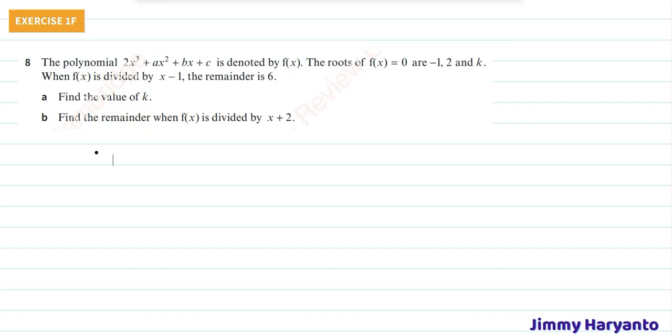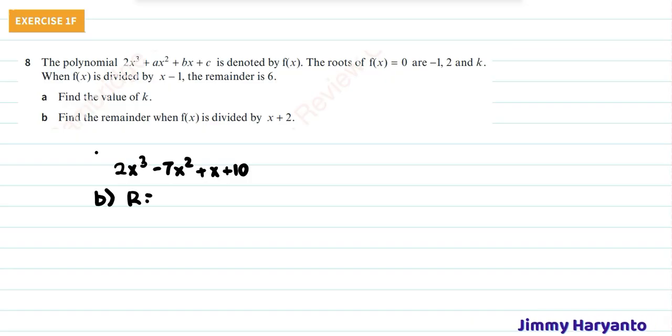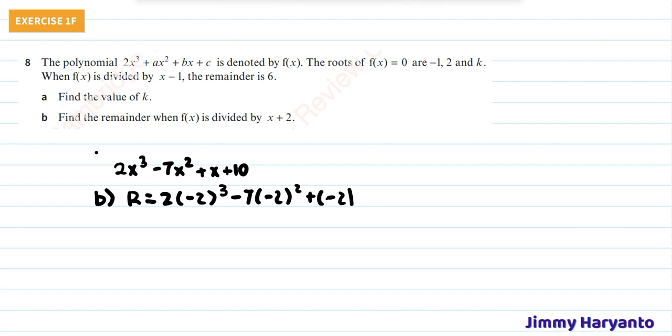So I already copied the polynomial. Okay, this is our polynomial, and the question wants you to find the remainder. So remainder equals, just input the value of x from this one. You will have x equals negative 2. That means negative 2 to the power of 3 minus 7 times negative 2 squared plus negative 2 and then plus 10.